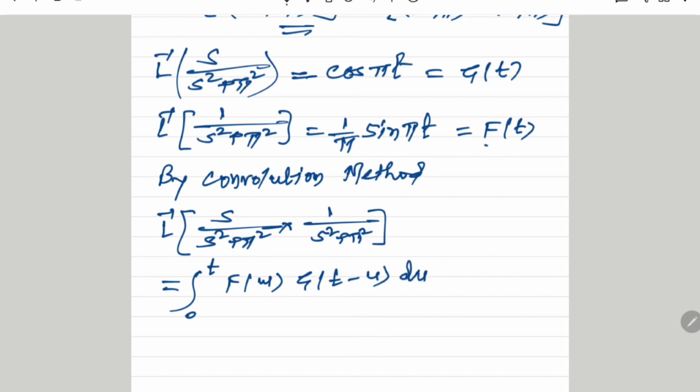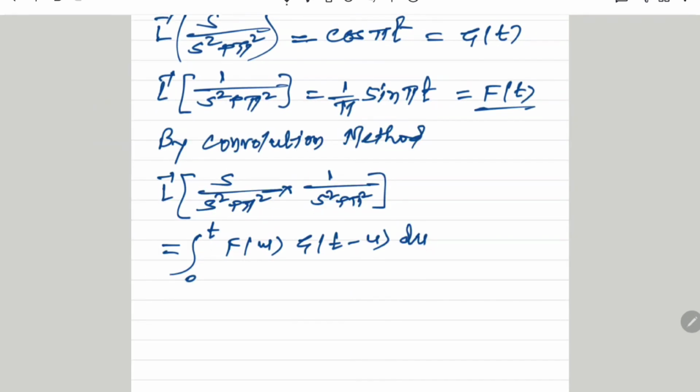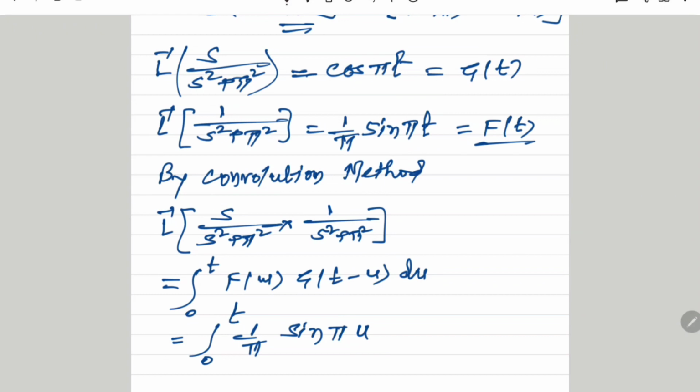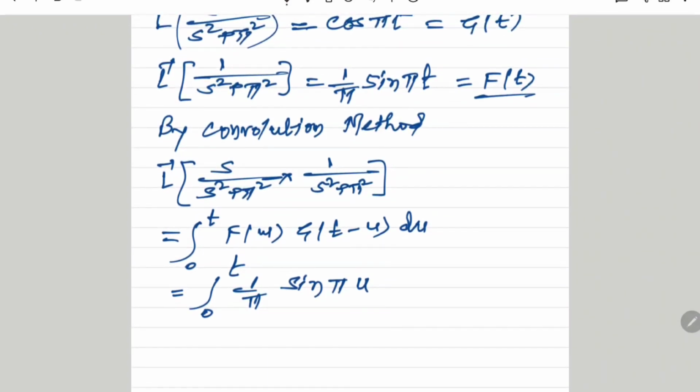Then replace t by u, we get integration from 0 to t 1 by pi sine of pi times u, and in g of t replace it by t minus u. We get cos of pi times t minus u du. Here it is a product of sine cos term.